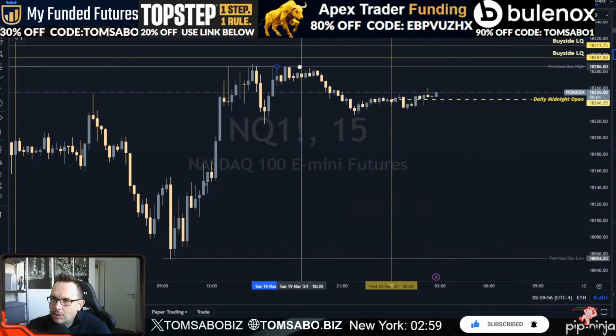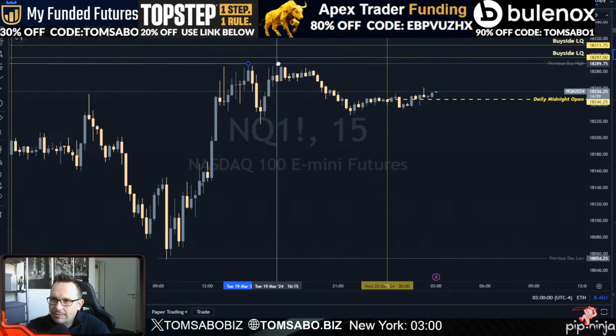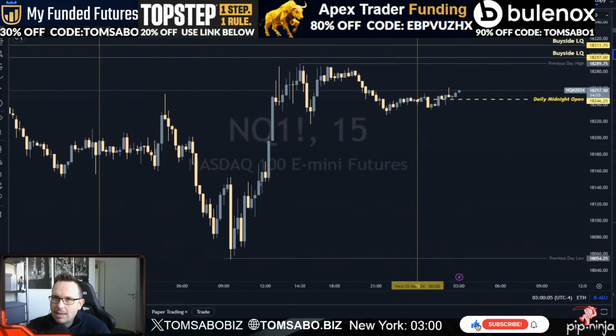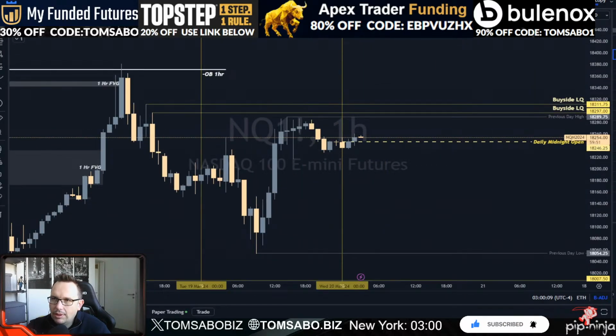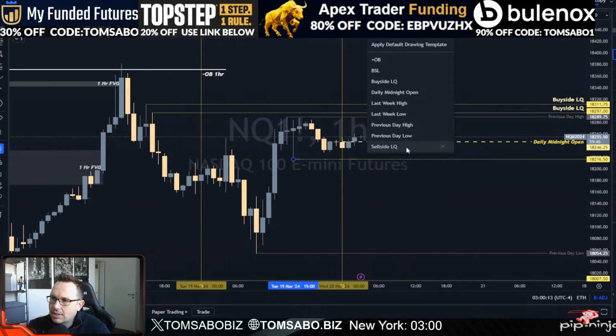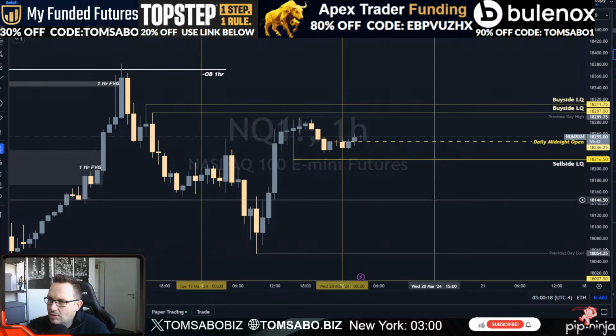Let's go over the charts quickly. What is happening on the 15-minute and the 1-hour chart? We have a little bit of sell side here. Sell side liquidity at 18,216.